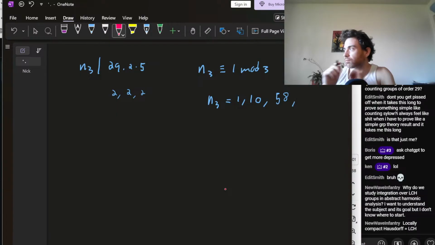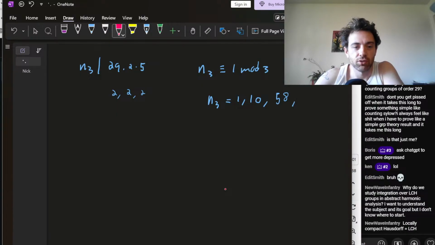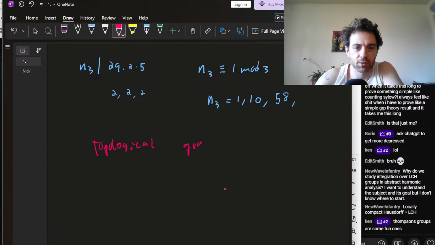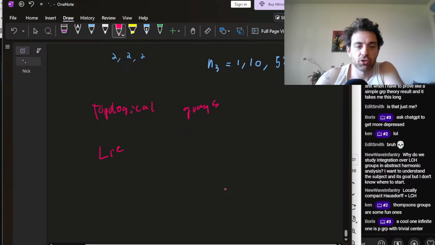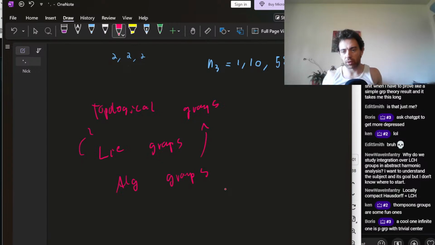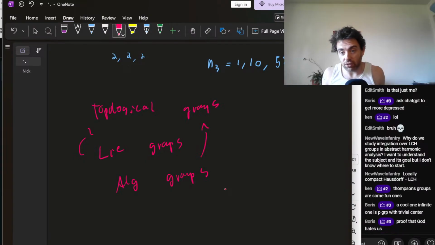So hence, we come to topological groups. I've never really studied the Thompson's groups in detail, or many of the finite simple groups. I should someday. Topological groups, Lie groups, algebraic groups, and so on, etc. Of course, these are special cases of this one. So some sort of groups where we have some sort of extra structure, right? If you have extra structure, then it's just nicer to work with, right?